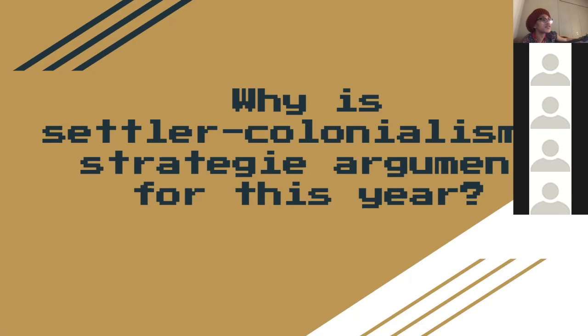So what I'm hearing from you, Star, and correct me if I'm wrong, is that settler colonialism is a relevant argument against the abolish ICE affirmative because people who are foreigners are being excluded from citizenship in the same way that they were when we started to settle here in the first place. Is that correct? Yeah. Okay.